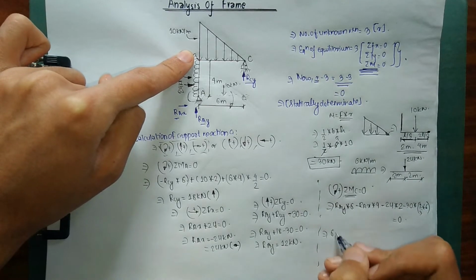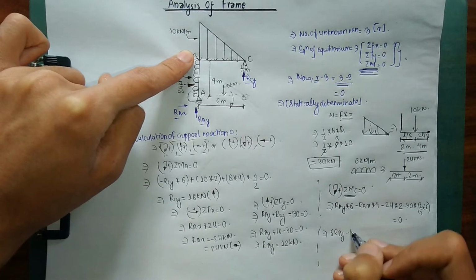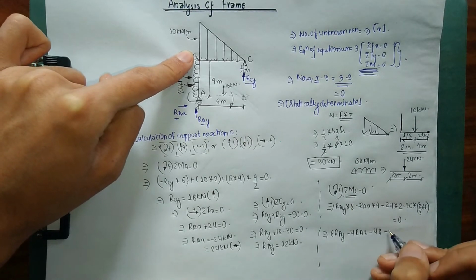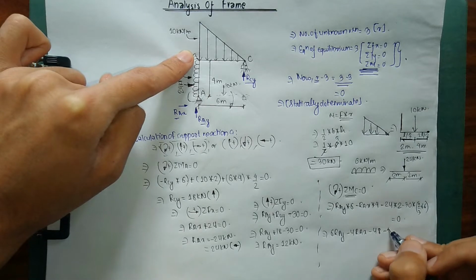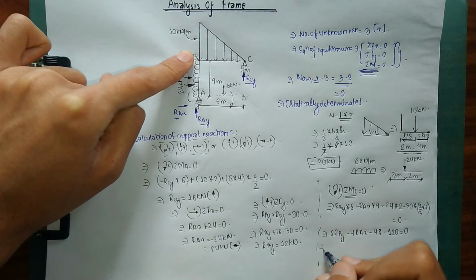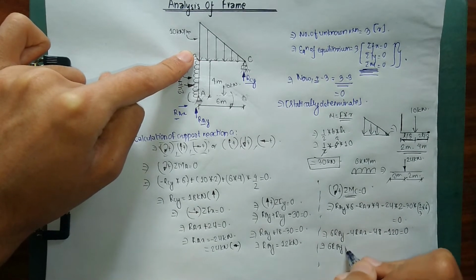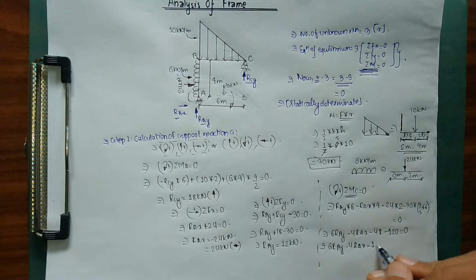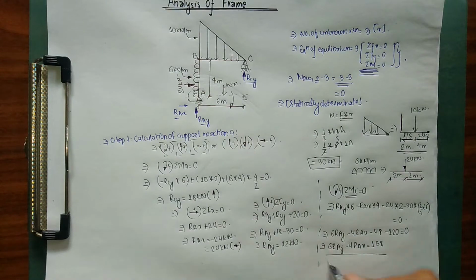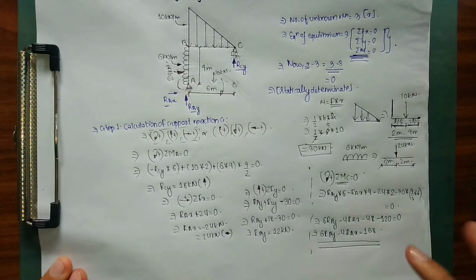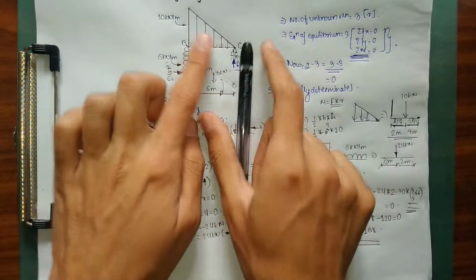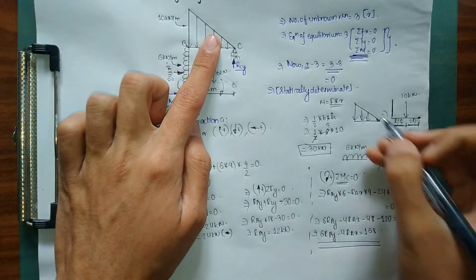On solving this, we get 6 RAY minus 4 RAX minus 24 into 2, that is 48, minus 120 equals 0. So 6 RAY minus 4 RAX equals 168. You can do this as well. I'm just showing how you can take your moment about C. Why I multiplied by 2 by 3 is, as you can see here, about C, this is our shorter edge.